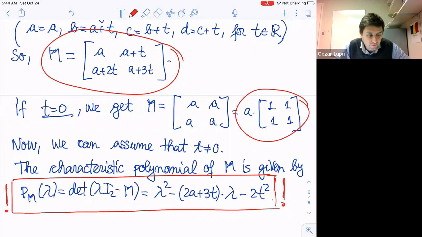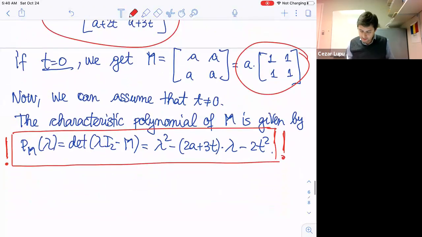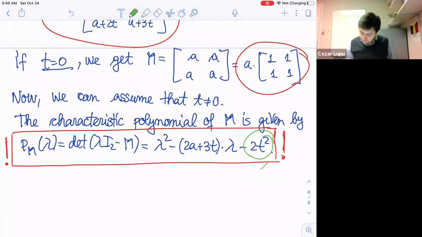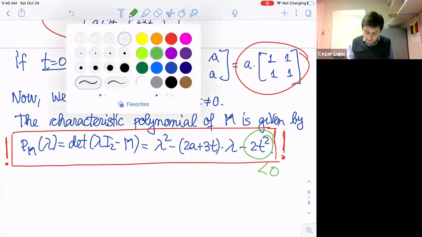What else can we say about the constant term of this polynomial? Well, we can say that it is negative. So the constant term, this guy here, is negative. So clearly the discriminant will be positive.